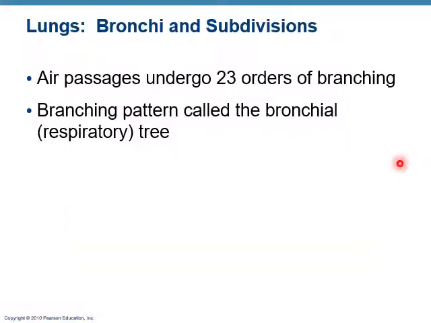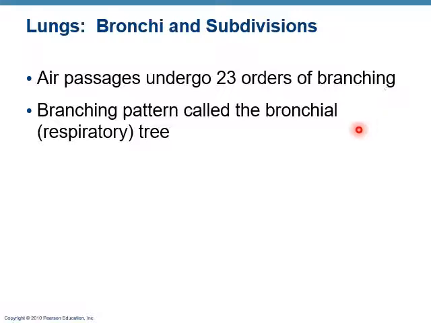All right, the lungs, the bronchi, and the subdivisions. So the air passages undergo 23 orders of branching. That means you start out with the trachea, and then you branch into 2 primary branches, and then 5 secondary branches, and then you branch again, and you branch again, and you branch 23 times total till you get down to the alveoli.